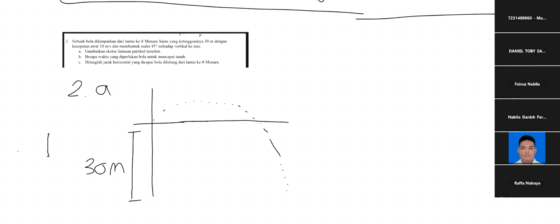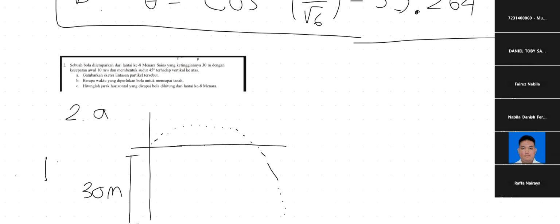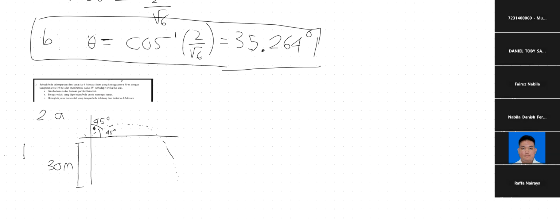And it says that it makes a 45 degrees towards the vertical. So ini 45 derajat. Tapi di sini juga, sorry, di sini juga 45 derajat berarti. That's point A.